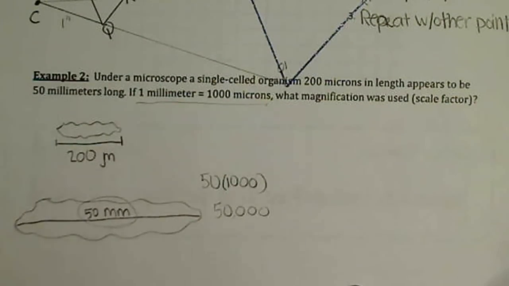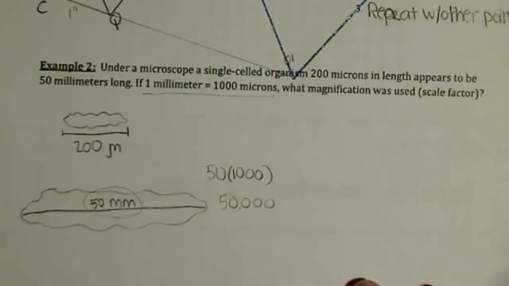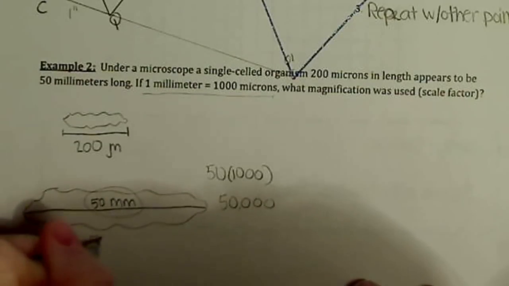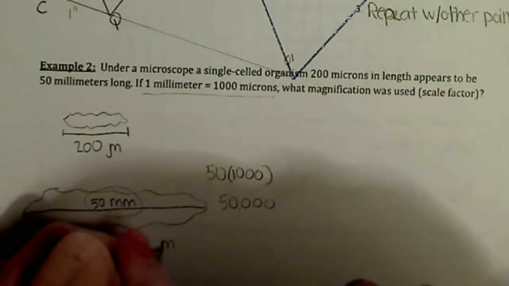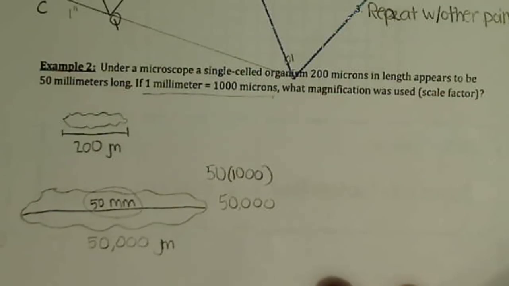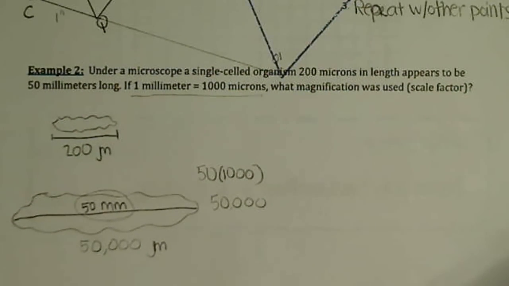I get 50,000. So this is 50,000 microns in length. Wow, that's a lot. It doesn't answer my question though. It says, what was the scale factor?